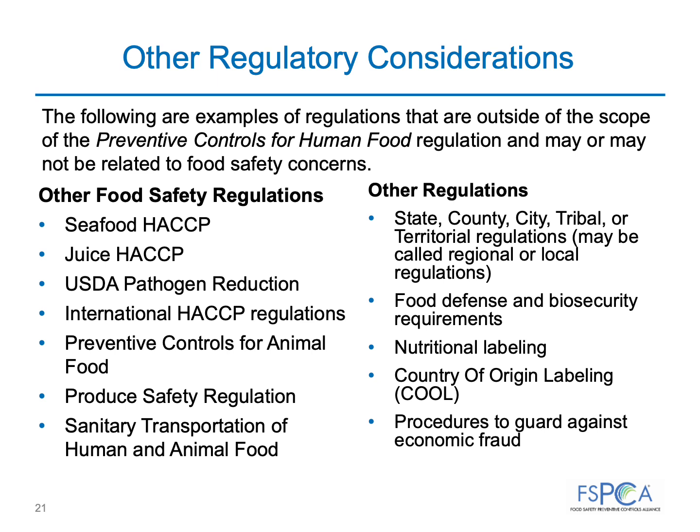The preventive controls for animal food regulation requires animal food facilities to have a food safety plan in place that includes an analysis of hazards to determine which ones need control, and risk-based preventive controls to minimize or prevent those hazards. Produce safety regulations establish science-based minimum standards for the safe growing, harvesting, packing, and holding of fruits and vegetables grown for human consumption.